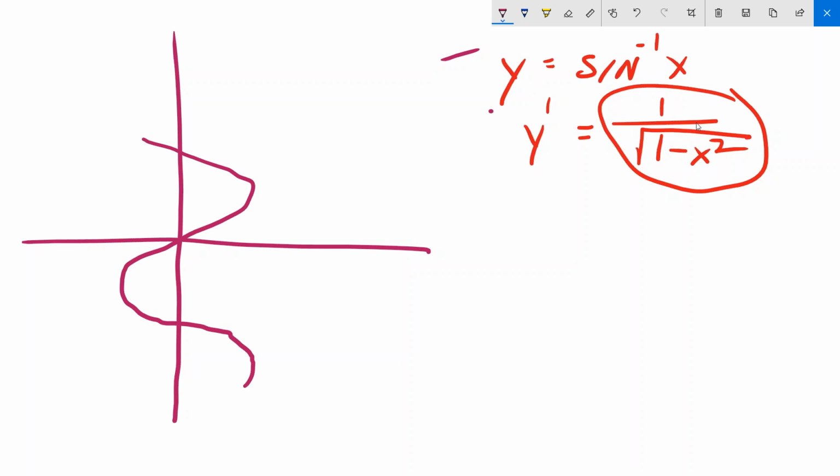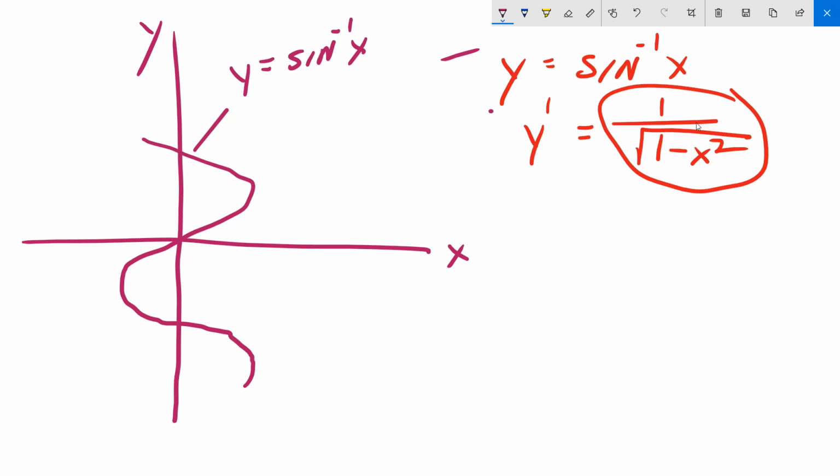The only difference is this is y equals inverse sine of x, and this is not a function. The way they make it a function is by restricting the domain.